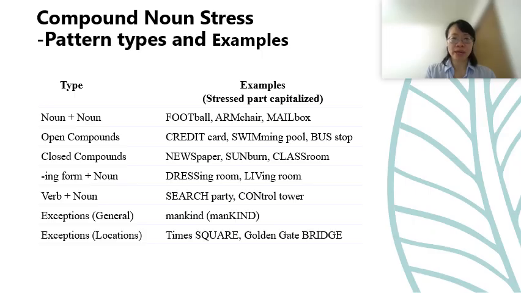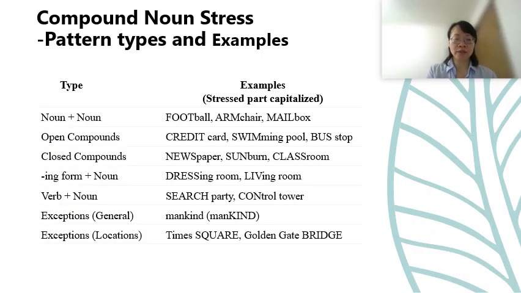And also we have verb plus noun. Verb plus noun can be verb forms, like verb-ing forms, and nouns, and these two words together form one compound noun. For example, dressing room. There are two words: dressing is the verb-ing form, and we have room as a noun. These are linked together as a compound noun.